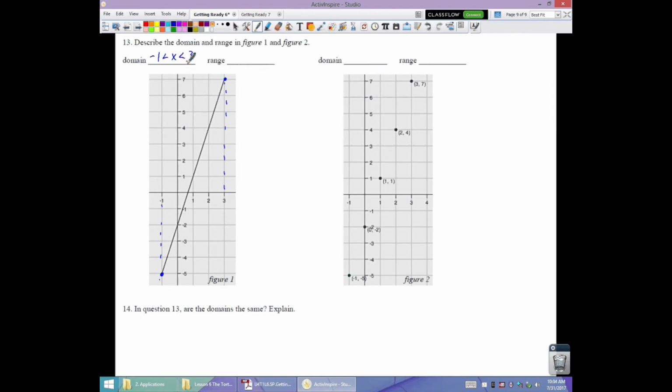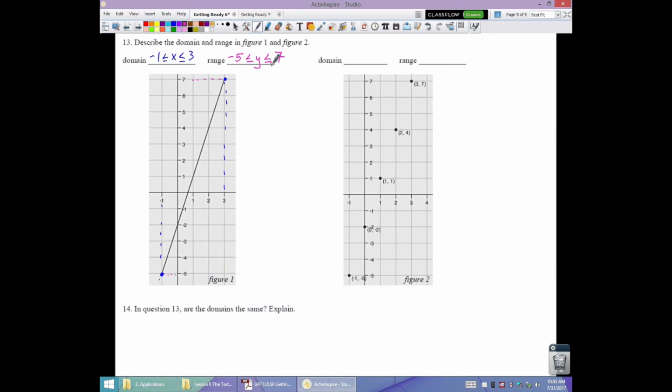I'm assuming, again, since there are no open dots, that we do have values at -1 and at 3. For the y values, for the range, the top value is 7, the bottom value -5. So everything from -5 to 7, include both.